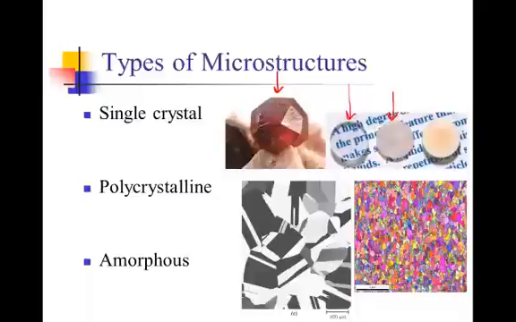Polycrystalline sapphire is used sometimes as a dental restorative material. This particular material is used to make light bulbs for the really hot sodium arc lamps that are used as light bulbs over highways.